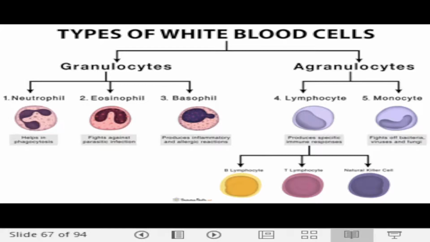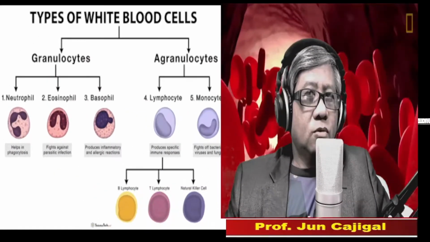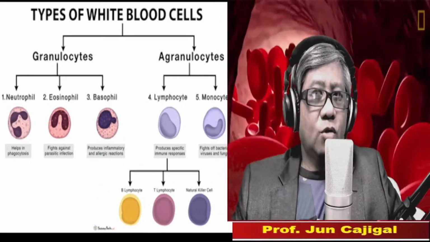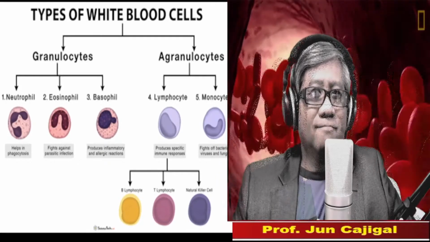Then we have the agranulocytes. Under agranulocytes, we have lymphocytes that produce specific antibodies. And we have monocytes that fight off bacteria, viruses, and fungi. So those are the types of white blood cells.